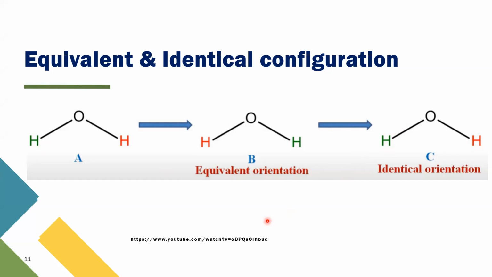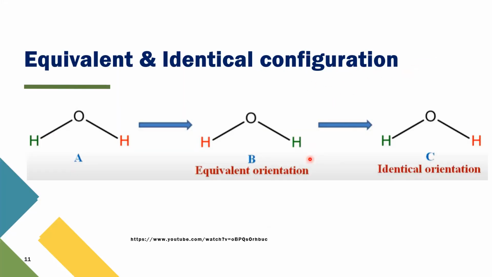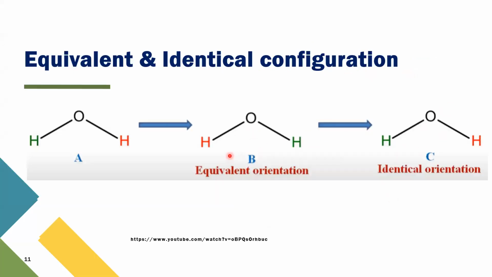Right. So usually an identical configuration is an object having the original position after doing an operation. So identical orientation is when you do an operation, you get the original position. Then an equivalent configuration or orientation is an orientation indistinguishable from the original position. It looks the same, but indistinguishable, right?